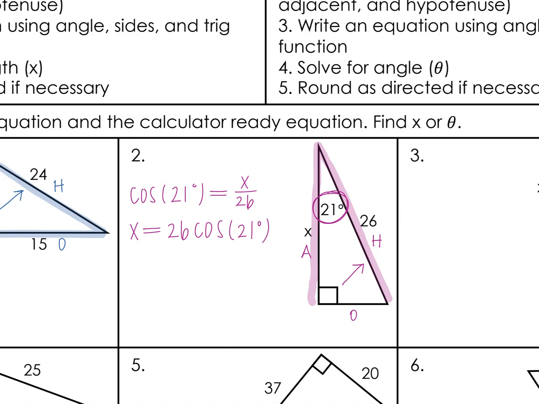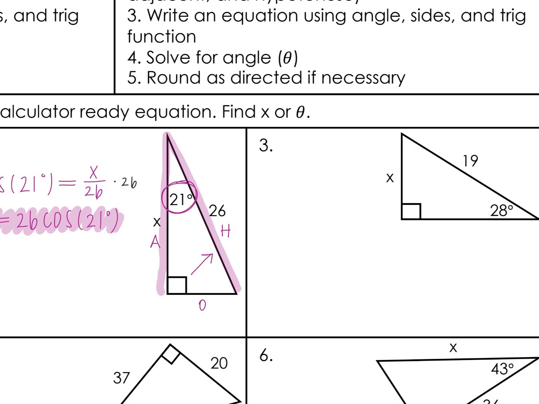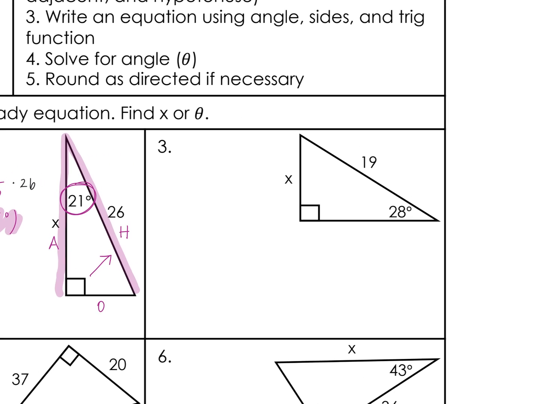Okay, to clarify, what we're doing here is multiplying that 26 to both sides so that we can cancel out with this fraction. And now you have your answer. So x is equal to 26 cosine of 21 degrees. Moving into number 3, I'm going to mark my angle, which will be that 28 degrees.